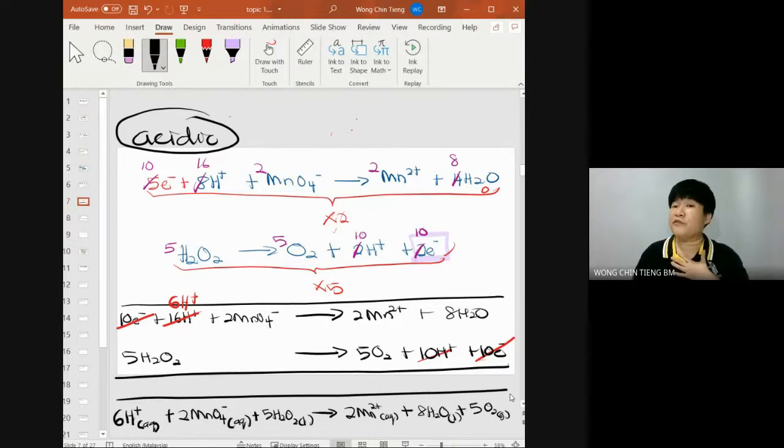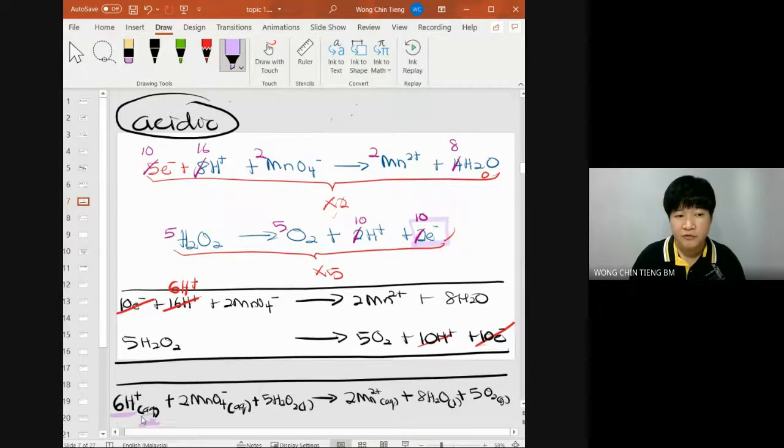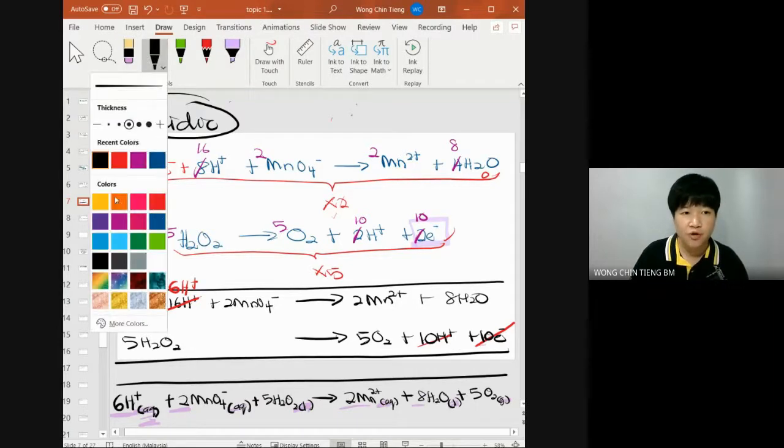And I asked straight away for the final answer. So I'm expecting that is already simplified with the physical state. Alright? Kalau siapa yang buat in your calculation step, you should still have your combine.